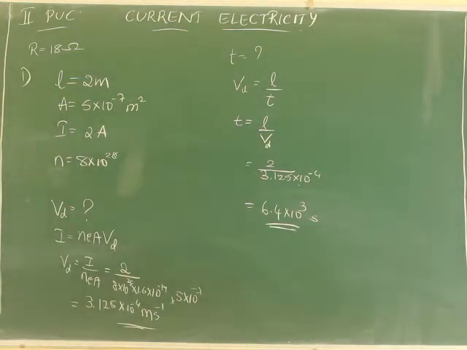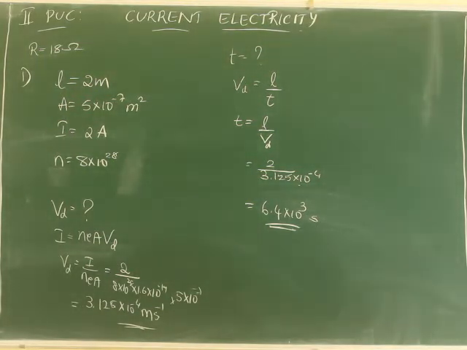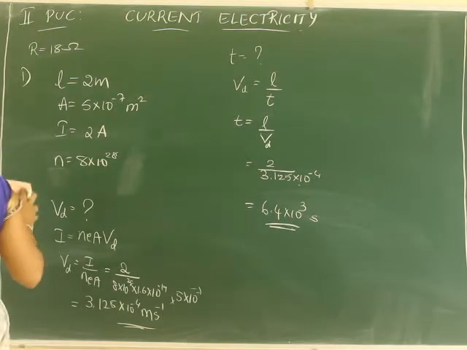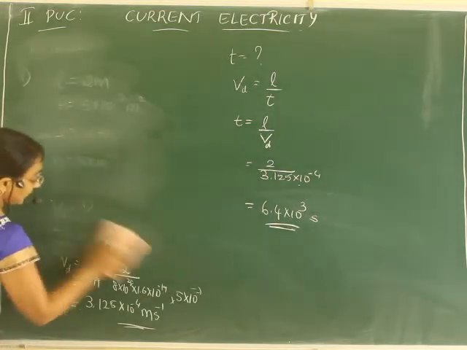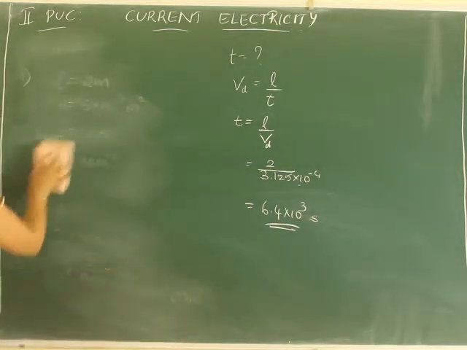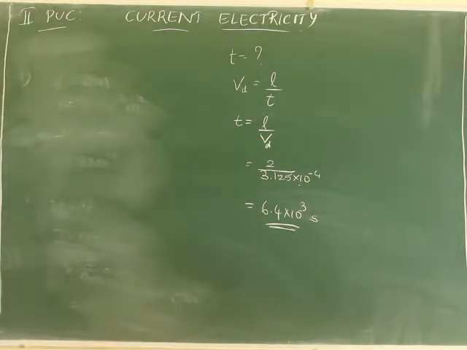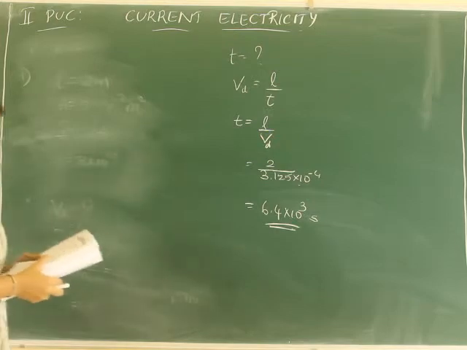Yes. A copper wire has a diameter 2 millimeter and the wire carries a constant current 3 ampere.